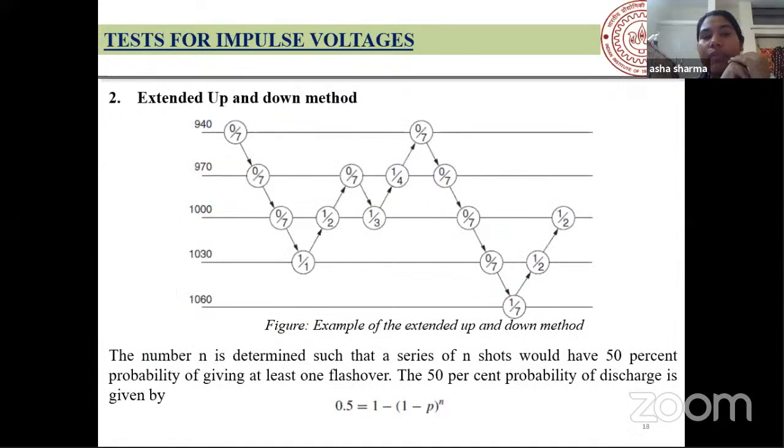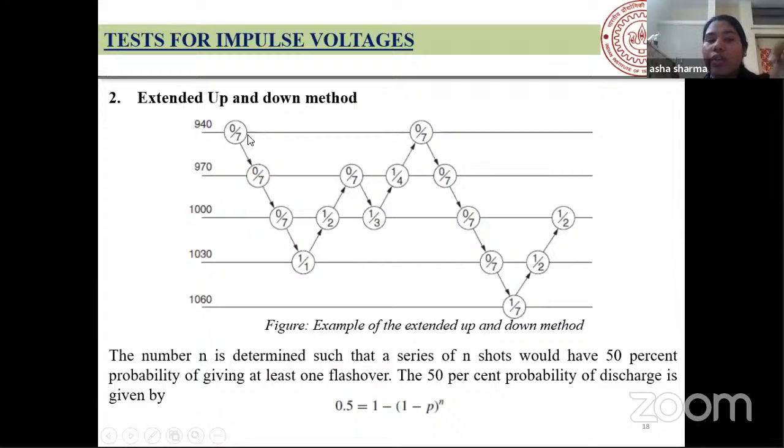Next is the extended up and down method. In the extended up and down method, we select some number of shots. Let's say the voltage is increasing from 940 kV to, let's say, 1060 kV. Firstly, we apply shots at 940 kV.